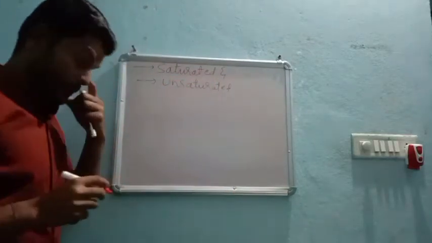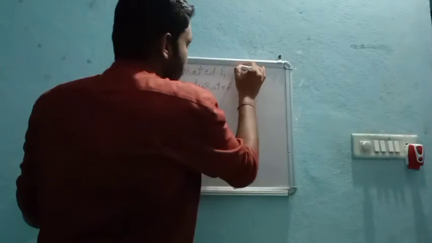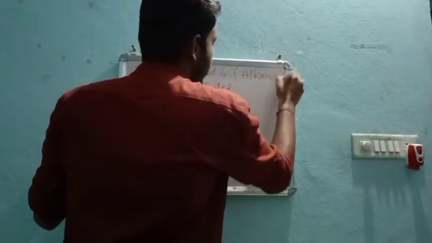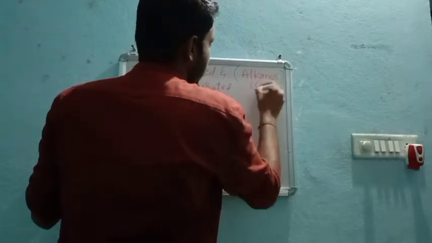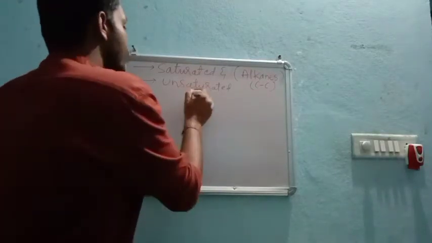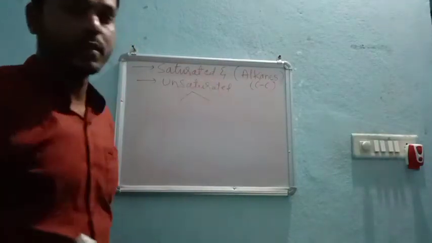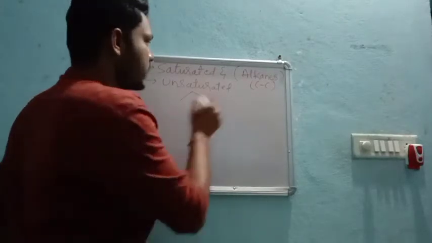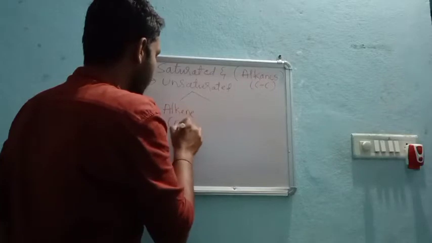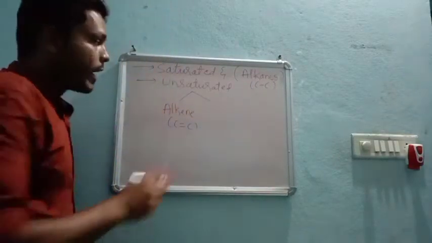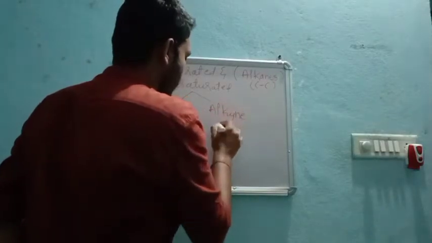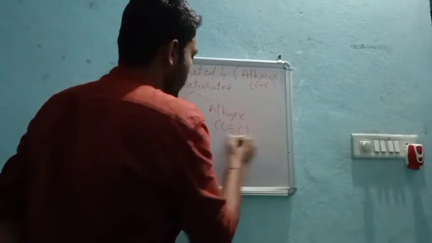Saturated, for example, we already know alkanes, and in alkanes carbon has a single bond. But in the case of unsaturated hydrocarbons, we have again two categories. One is unsaturation of type alkene, that means carbon having a double bond, and unsaturation of type alkyne, that means in alkyne we have a carbon triple bond.